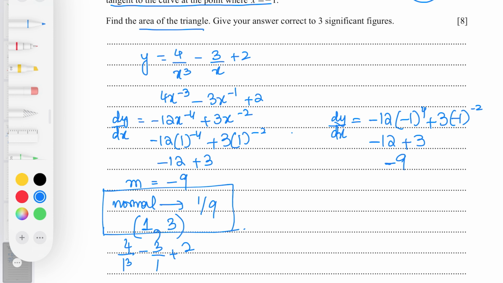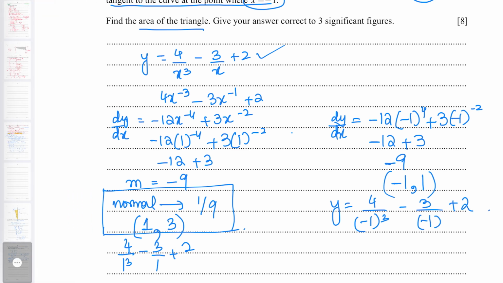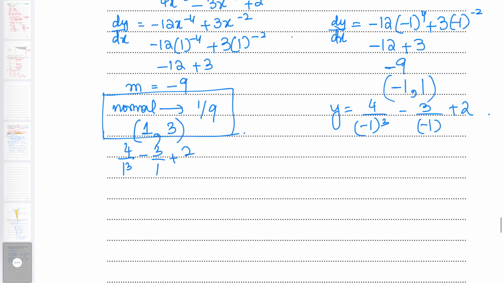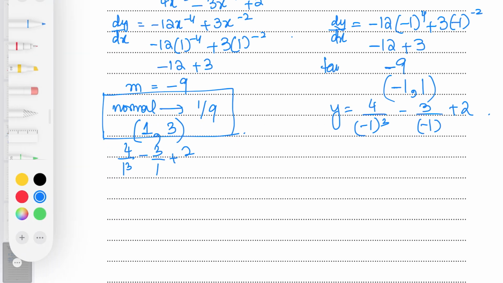When you input a minus 1, this becomes a 1. I've inputted minus 1 in this equation to find out the value of y. Now, let's find out the tangent equation.